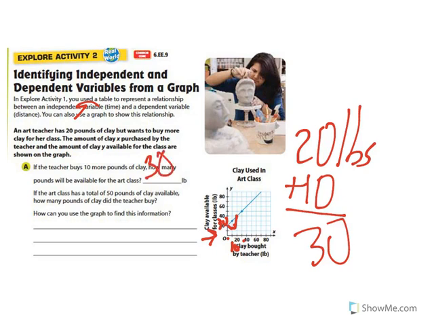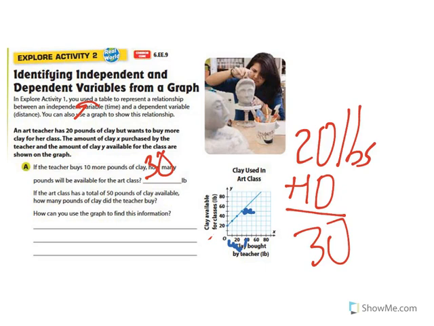And so now we have 30 pounds. And if our class has a total of 50 pounds of clay available, how many pounds did the teacher buy? So what they want you to do is go backwards into it, right? So we find the total available here is 50, right? And so where is the 50? It's how many times over? So it's 1, 2, 3, 3 times over, right? Sorry, I don't have a small enough writing utensil to blow that up right now just for you guys to see that.